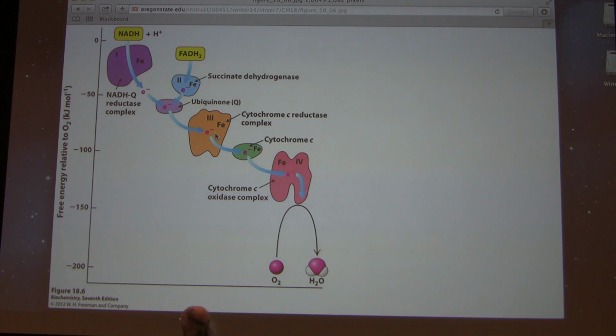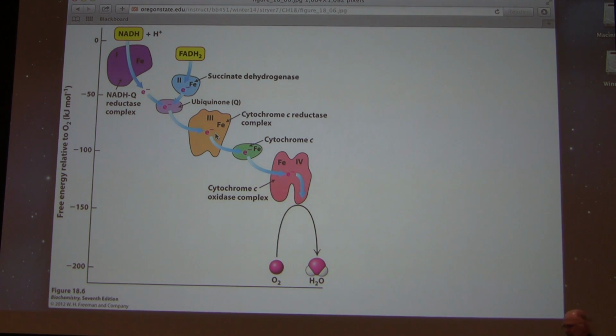So we remember that movement of electrons through complexes 1, 3, and 4 results in the pumping of protons outside of the mitochondrion. Now, one of your tendencies is going to be to really try to count things. How many protons per ATP, et cetera.